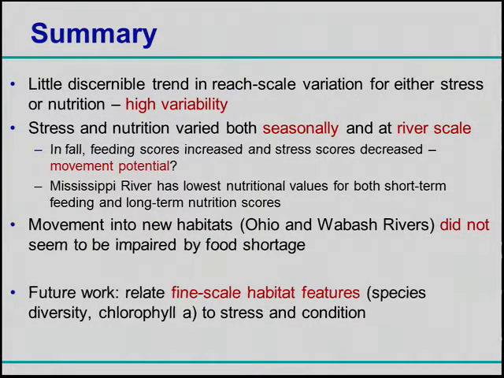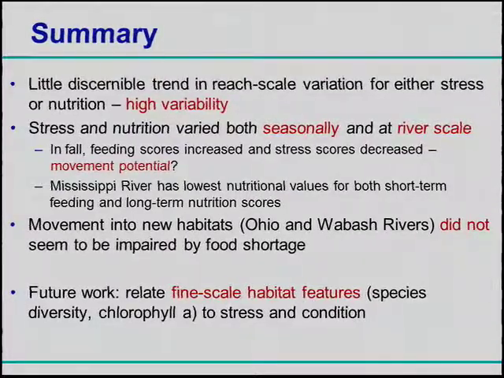I mean, it seems like a really nutrition-rich environment, but those particular individuals don't have great feeding scores. And then moving into the Ohio and the Wabash River, it didn't seem to be impaired by a food shortage. It's not like the animals living there had really crummy nutrition scores or anything like that. So it's not like they're limited by habitat or limited by resources that would keep them from moving into those environments.